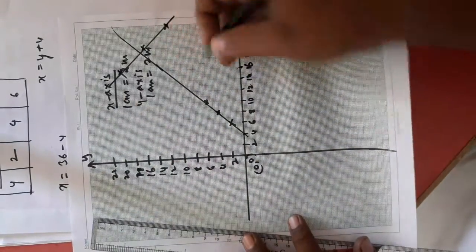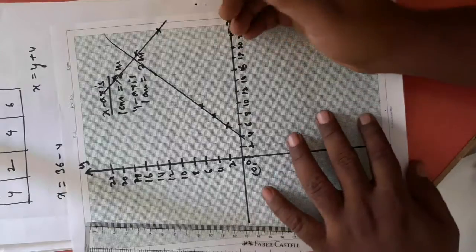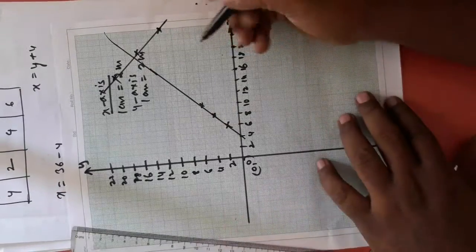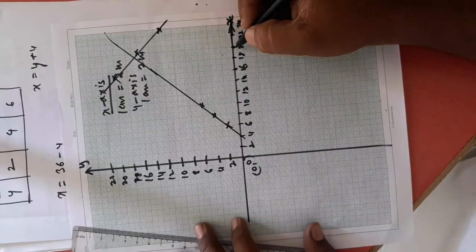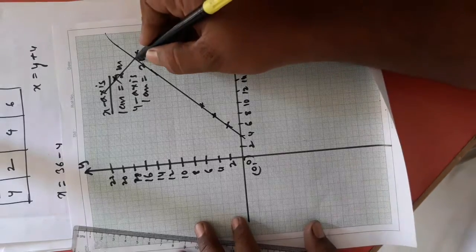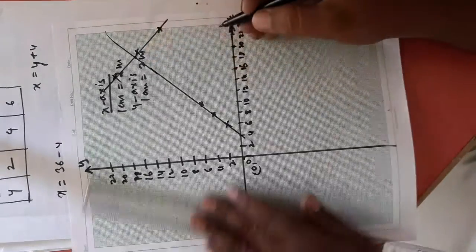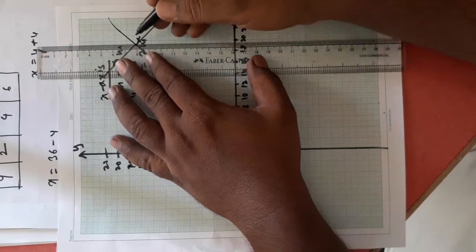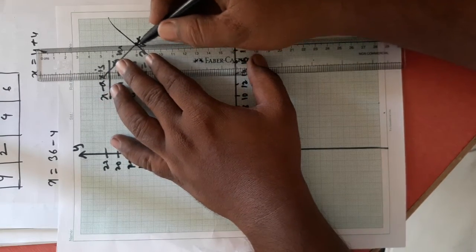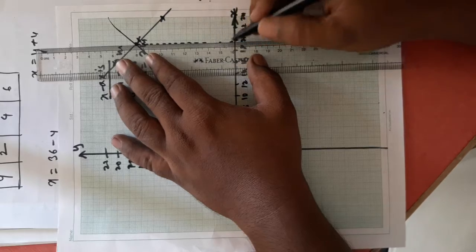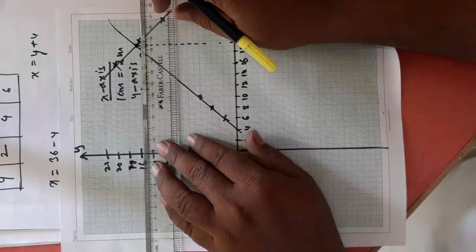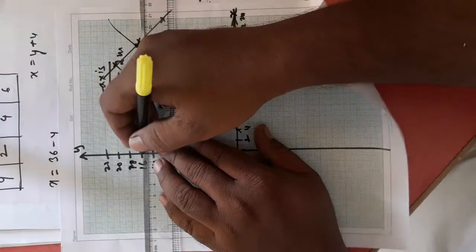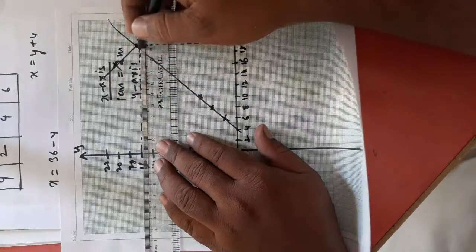Where they intersect each other, this point you see, and this point you see. They are intersecting at 20. This is 20, this is 16.